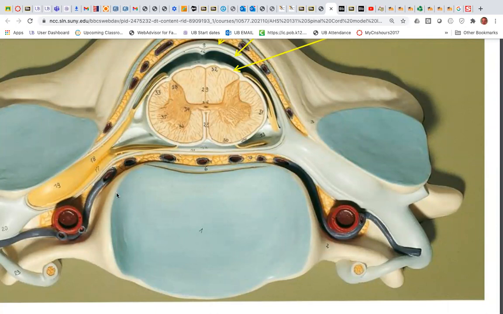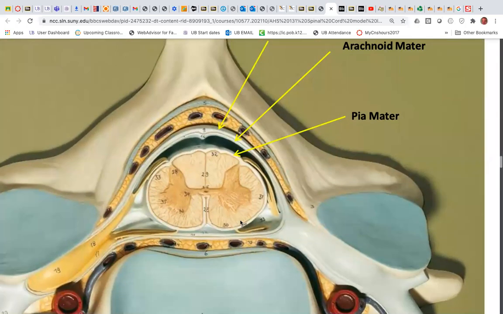If it pushes out to the side, then you start to hit spinal nerves. And when you hit a motor part of a nerve, that's where people get muscle weakness. When it pushes out and it hits the sensory part of the nerve, you get numbness and tingling and weird sensations called paresthesia. All right, so those are the three meninges.